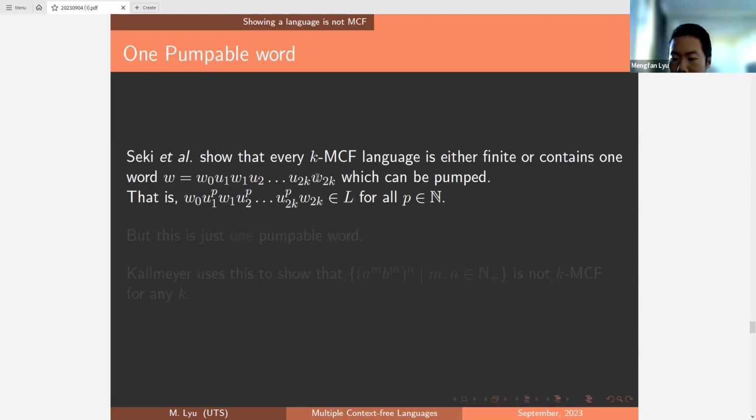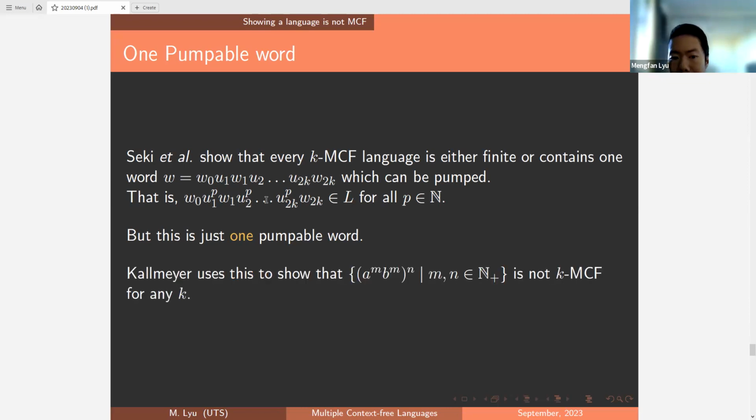So let's talk about the difference between these two things. The original pumping lemma tells us any word can do this pumping, but Sakii told us that we cannot do this; there exists at least one word to pump this language.